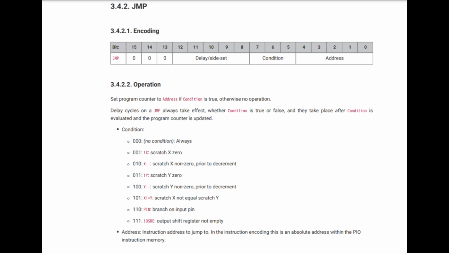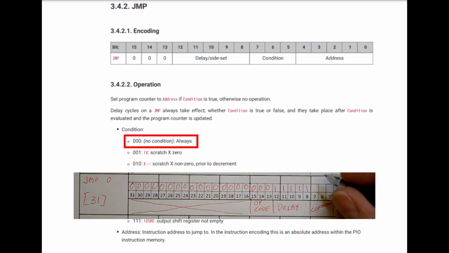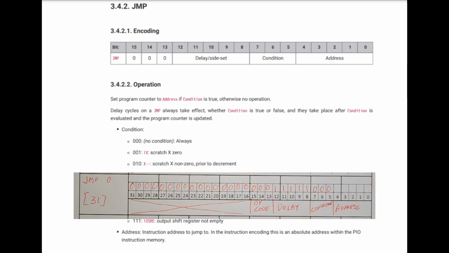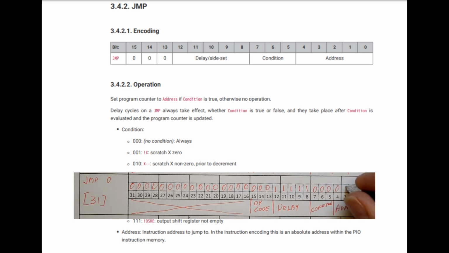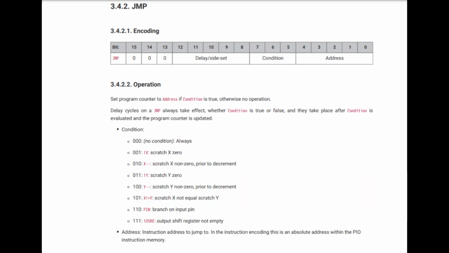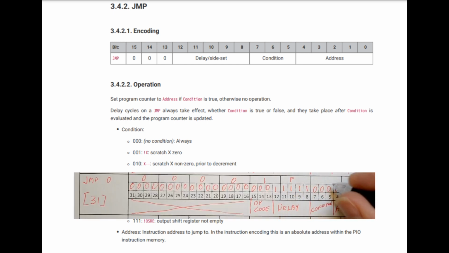Since we always want to perform the jump, we'll enter 000 into bits 5 through 7. Finally, we want to jump to location 0, so we'll enter 00000 into bits 0 through 4. The resulting word is 00001F00 hex.